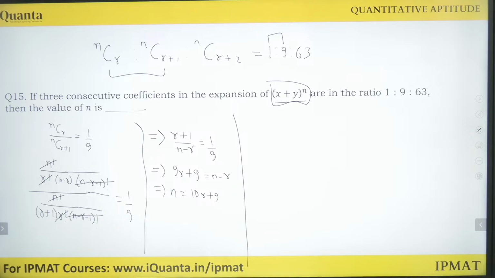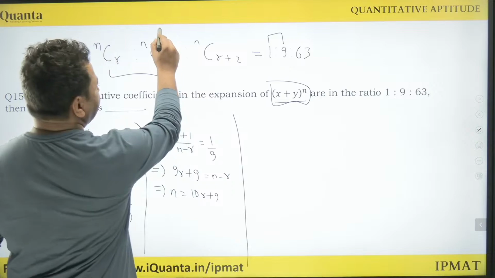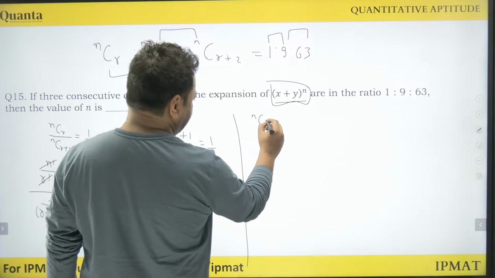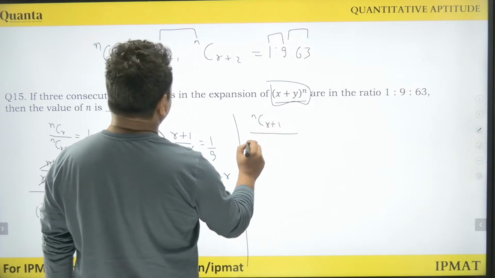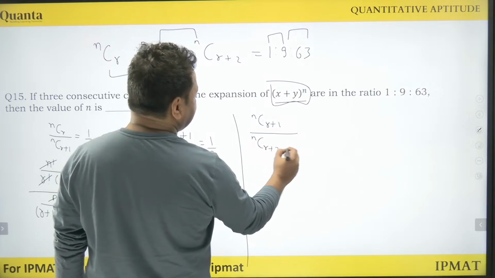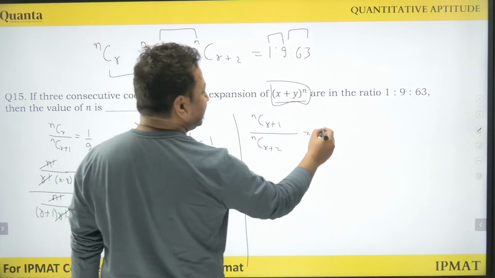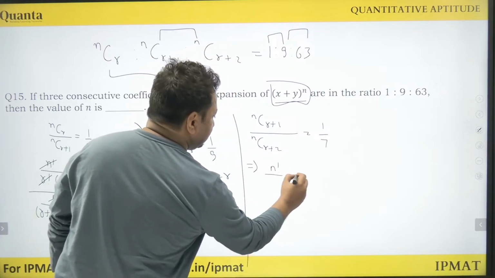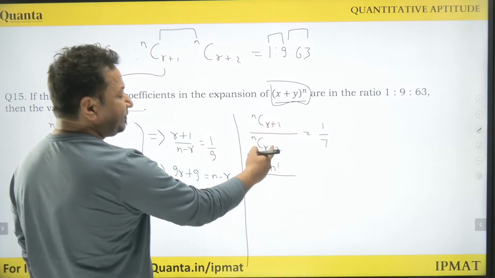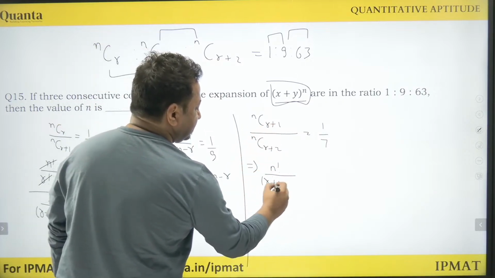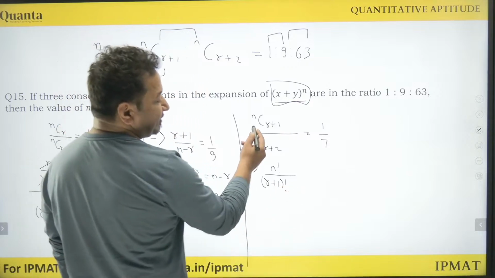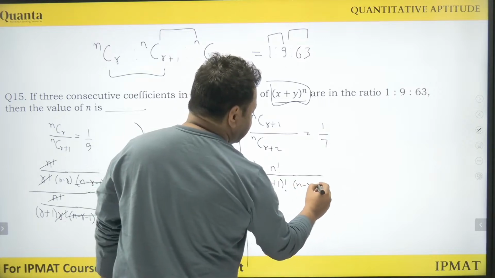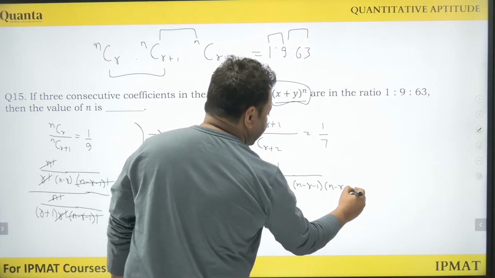All right. Now trying to solve these two by using 9/63. So nC(r+1) upon nC(r+2) is given as 9/63, which can be written as 1/7. Expanding it further, factorial n upon factorial (r+1), and then factorial of (n minus r minus 1), which can be written as (n minus r minus 1) multiplied by factorial of (n minus r minus 2).